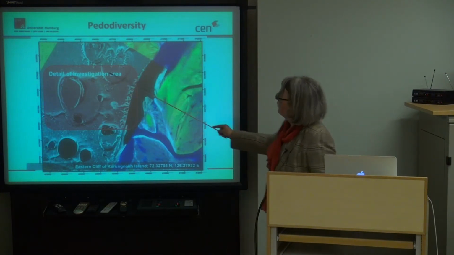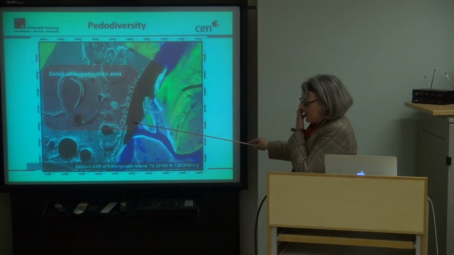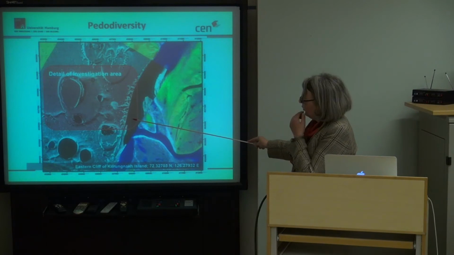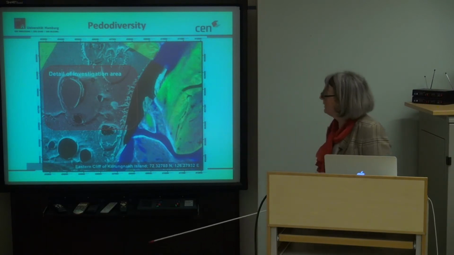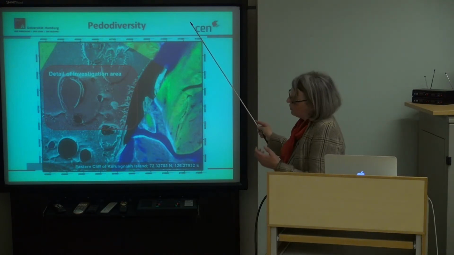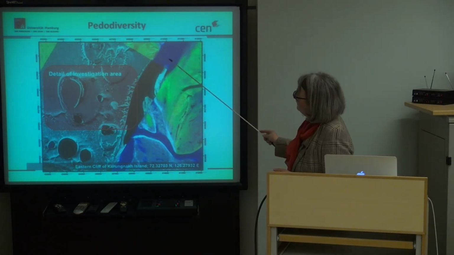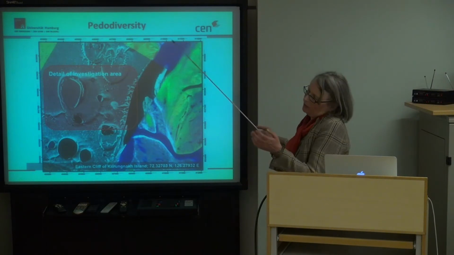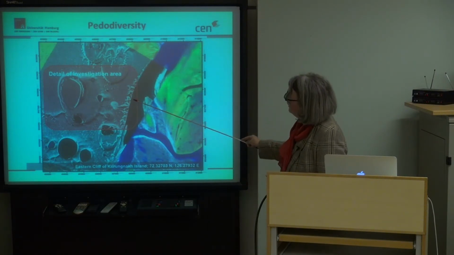The detail on the investigation areas was this part of the so-called Kurungnakh Island. It's not far from our station, the Samoylov station. You can easily take the boat, also a little rubber boat, and travel here.